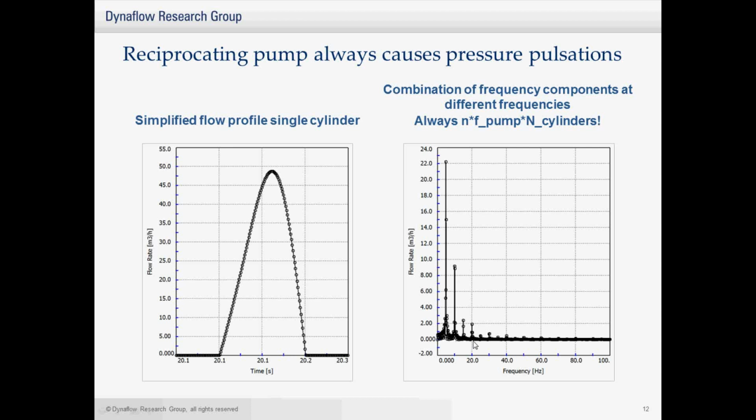Then you go to 15, 20, and at the higher frequencies there are very small amplitudes of the components being generated by the pump. And that also makes sense because this flow profile almost looks like a perfect sinusoid, so you would assume that the 5 Hertz, which is a perfect sine of 5 Hertz, is also the one with the largest amplitude.